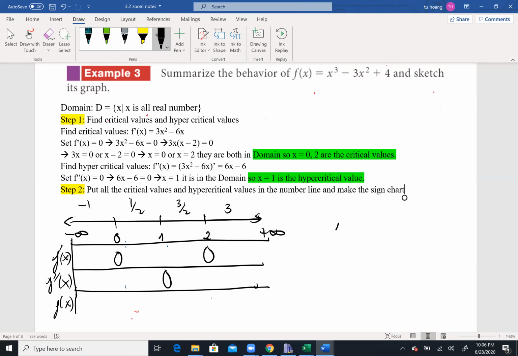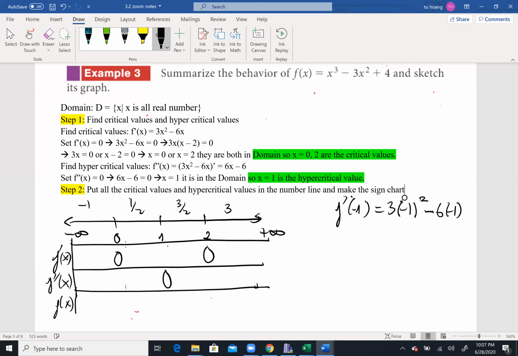For f prime of x, when x equals -1, so f prime of -1, so first interval, right? 3 times (-1) squared minus 6 times (-1).